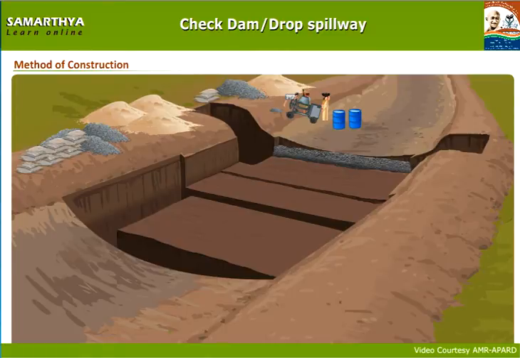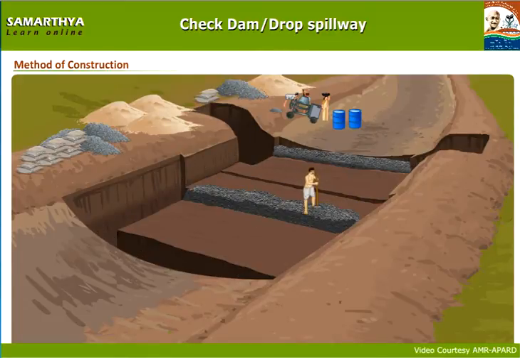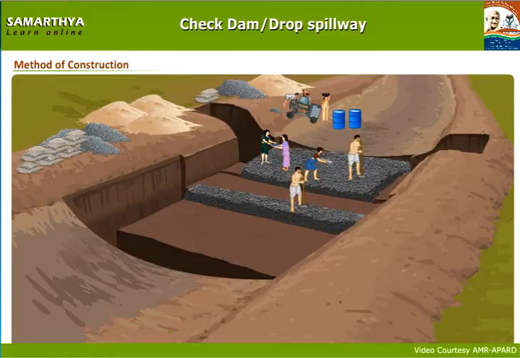Likewise, apply 1:4:8 concrete at the center of D1, D2, E1, E2, which shows downstream side cut-off wall. Likewise, apply 1:4:8 concrete at the center of foundation of body wall, that is B1, B2, C2, C1, and consolidate it with a rammer.